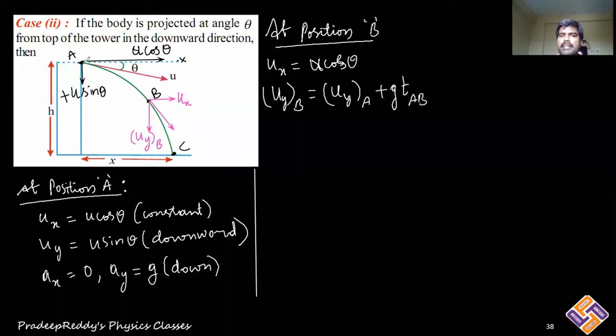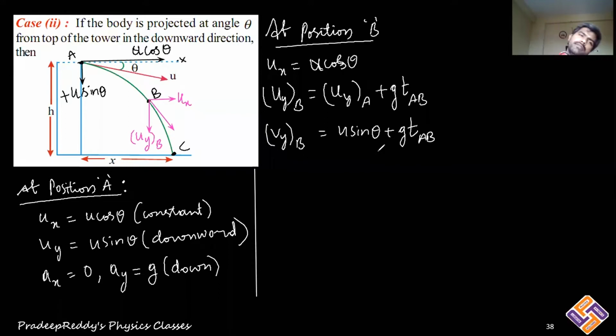Because the body is starting from A, therefore the initial velocity at A you need to take, and since we are finding velocity at position B, you take only the time from A to B. Therefore velocity along the y direction at position B is equal to u sin theta plus g into the time taken to travel from A to B. So along the x-axis and y-axis we have found the velocities.